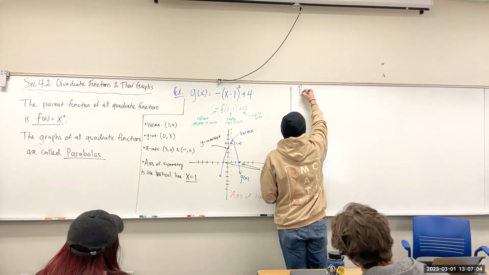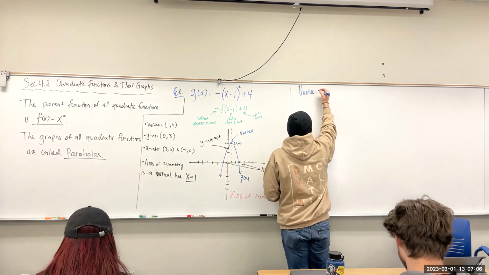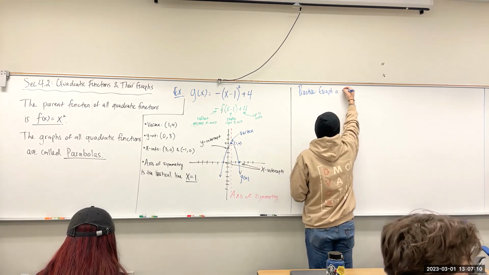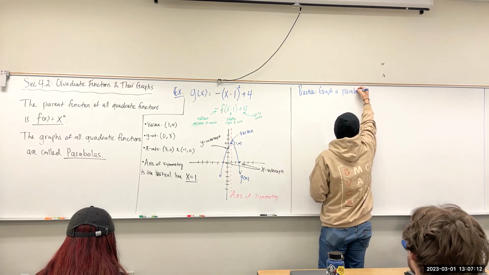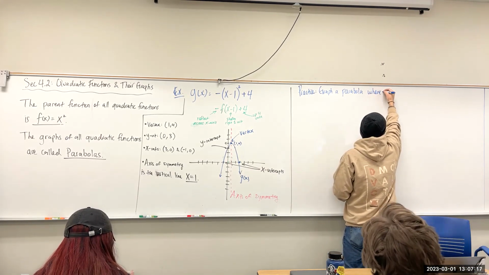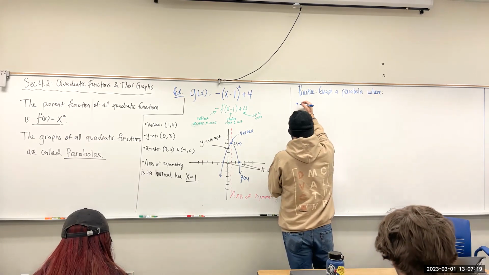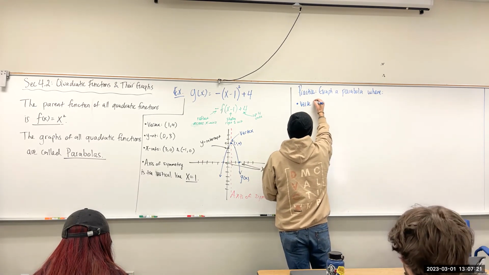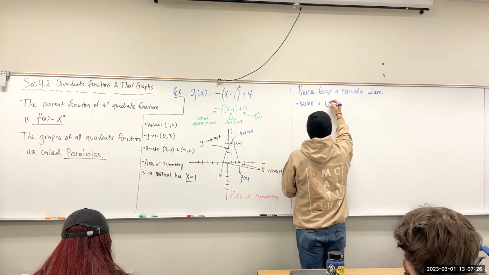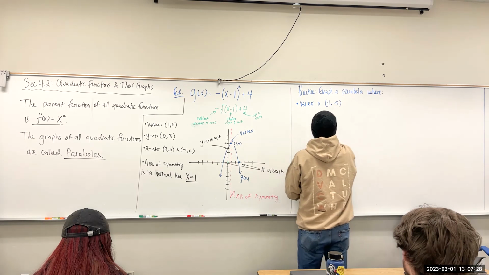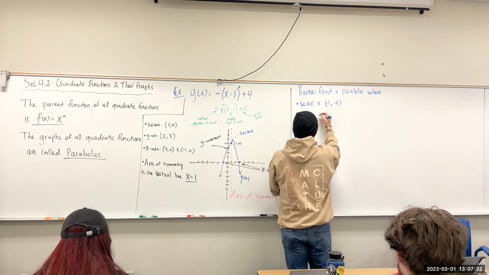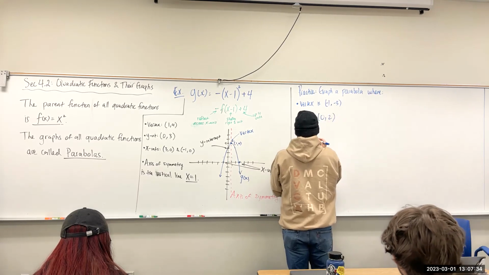So for your practice, I want you to graph a parabola where you're going to want it so that the vertex is at (1, -3). The y-intercept is at (0, -2), sorry.